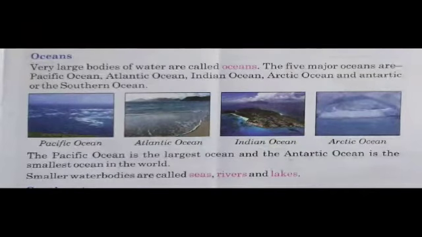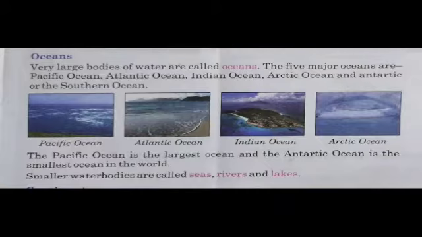You can see the oceans available in this picture: Pacific Ocean, Atlantic Ocean, Indian Ocean, Arctic Ocean, and the last one is Southern Ocean. And among these oceans, the largest ocean is the Pacific Ocean. Which one? Pacific Ocean.